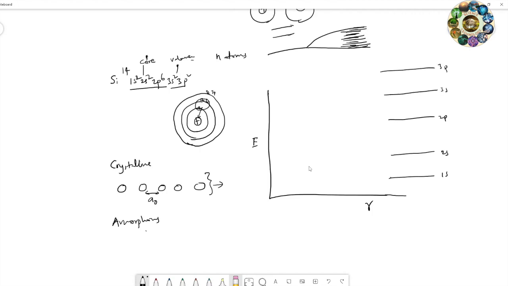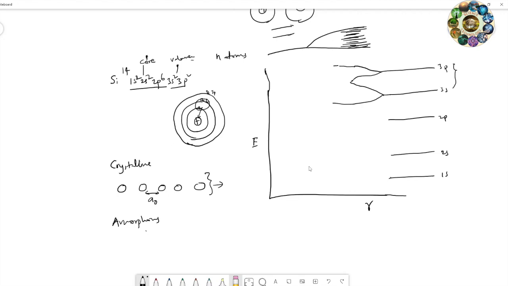When you put atoms together, the 3s and 3p first interact with each other. The electrons in the 3s and 3p interact, so there is a splitting of energy bands. At some point, these bands merge together to form a single band.